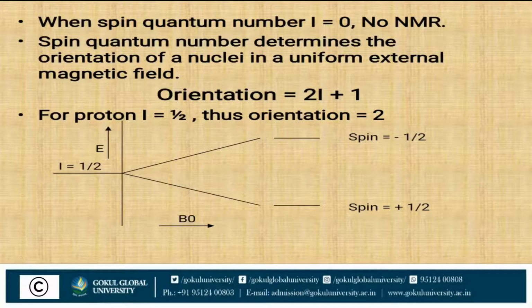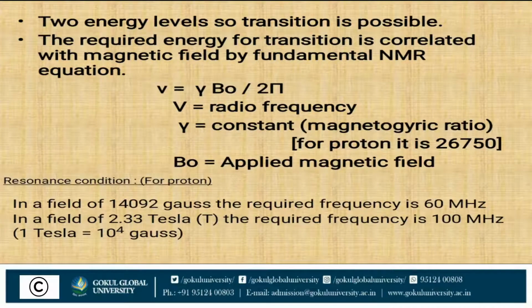For a proton, I is 1/2, so the number of orientations is 2. The spin is plus or minus, giving two energy levels in the magnetic field, so transition between them is possible.